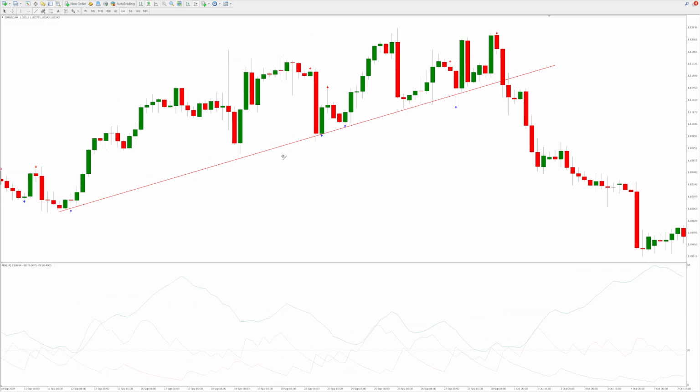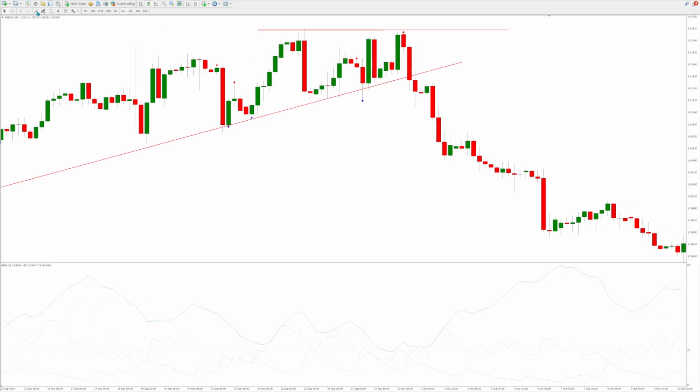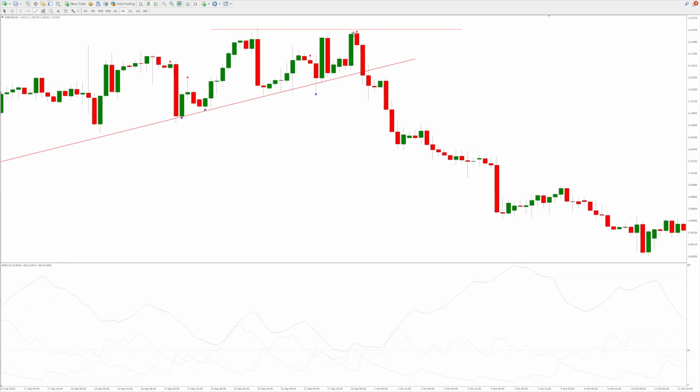So we have a breakout of this support, price reached resistance, breakout of this support line, and then we were into this downtrend. We had the red arrow there, but as I said, we don't jump in straight away. Instead, we can wait for a pullback. You can argue that this level of support here was quite strong, a big breakout candle there to the downside.